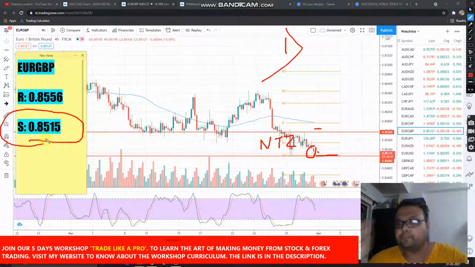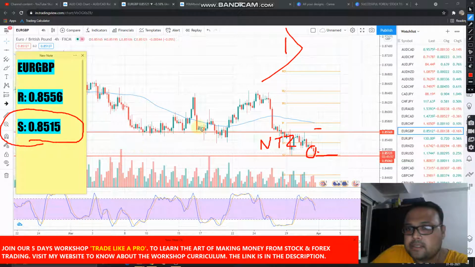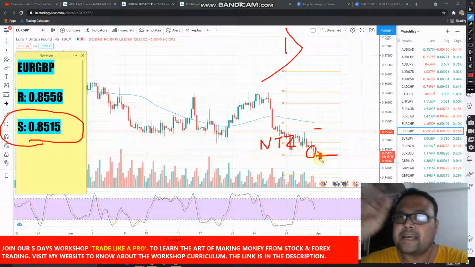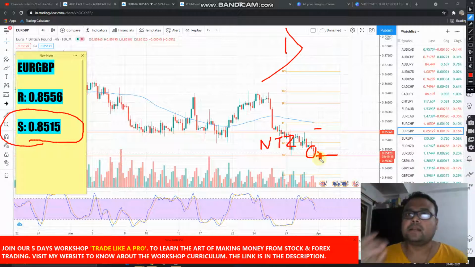If you see the market has crossed this level, then wait for 2 to 3 hours, 4 hours, and just observe the market and try to understand the market psychology. If you see that sellers are dominating the market, then you short the market just below this line, the 0.8515 level.